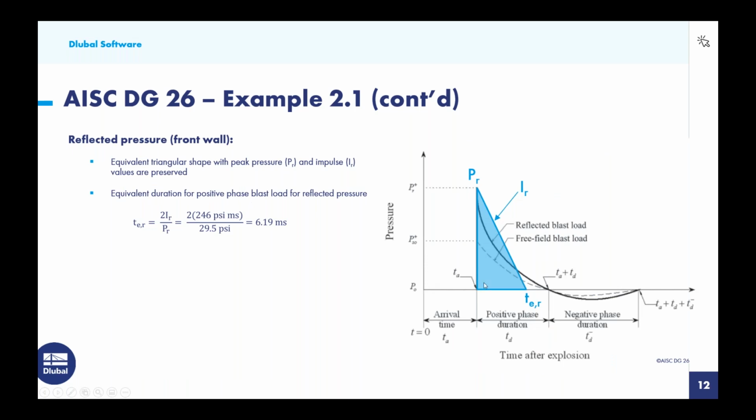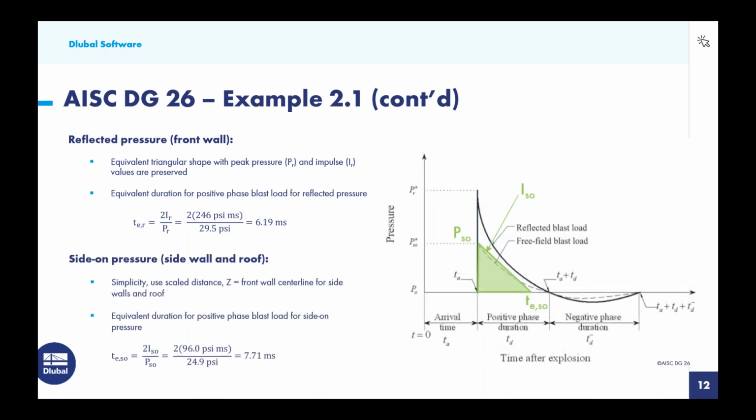So it's easy enough to come up with this equivalent duration for the positive phase blast load with the estimated value of 2I over P sub r, which is equal to 6.19 milliseconds. And sure enough, this is all that is required for our reflected pressure for the front wall time diagram.